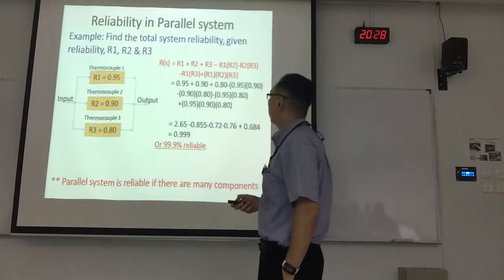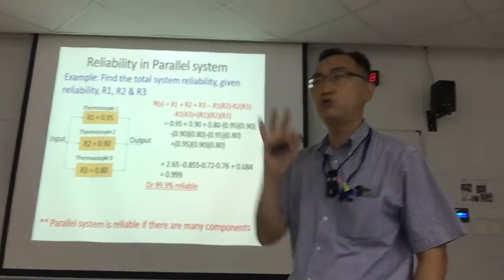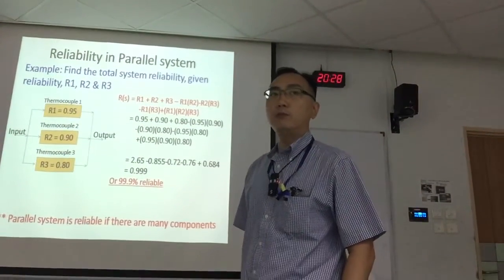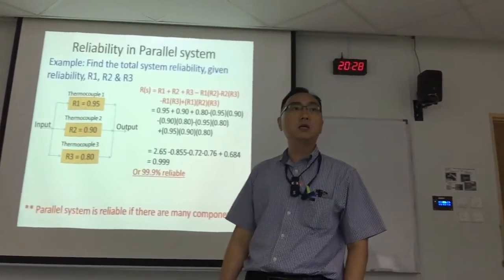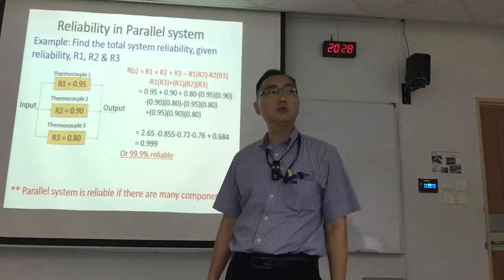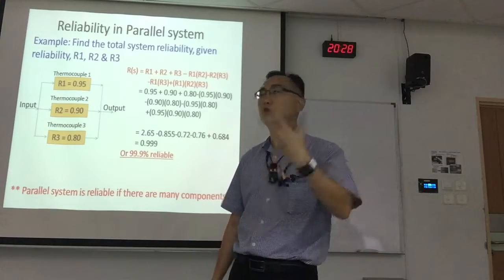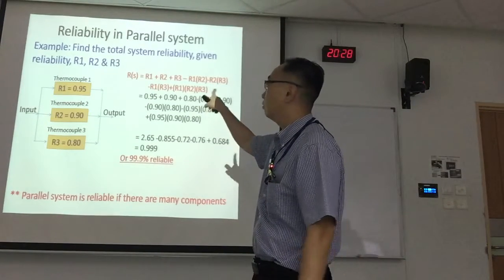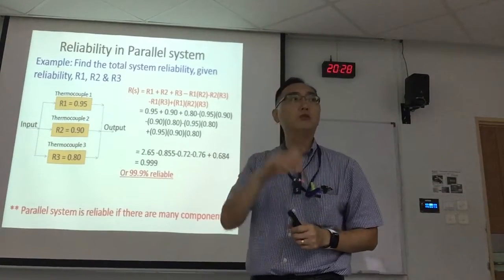Let me give you an example. This is the one that we will test you, with a maximum of 3. This formula is for a maximum of 3 components. We will not test you beyond 3, because beyond 3 you must use the binomial theorem, which is not tested. The maximum I can give you is 3.